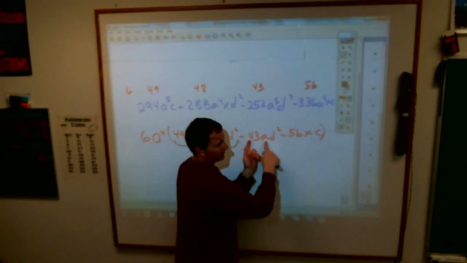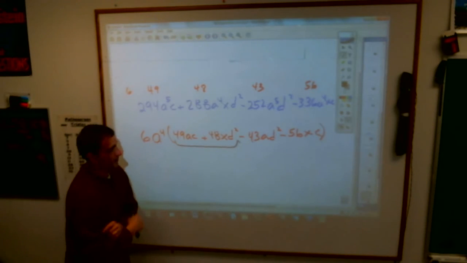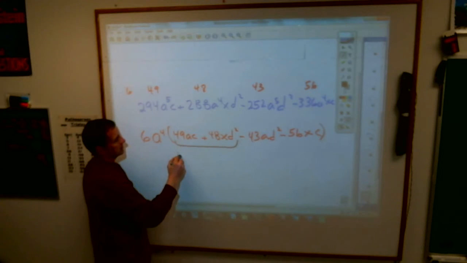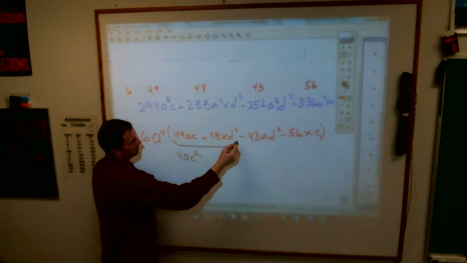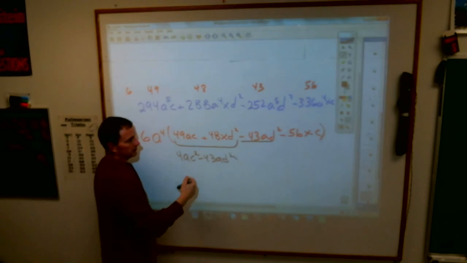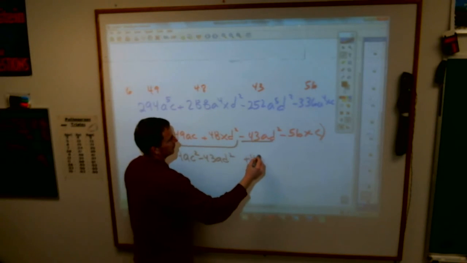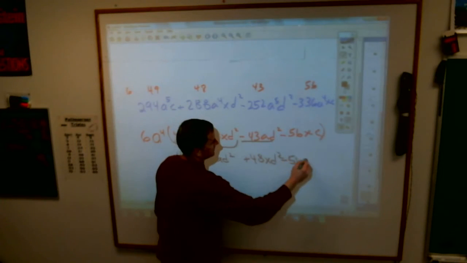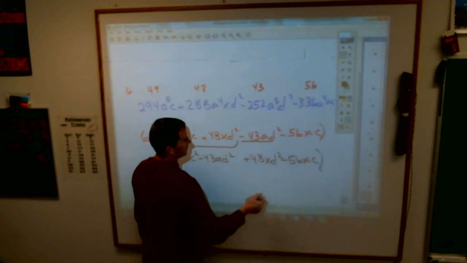Either one of these two, and I don't think it really matters which one you put next to it. Let's scooch this one just because. So I'm going to rewrite this. 49AC, put this one next to it, minus 43AD squared. Keep that one there. 48XD squared minus 56XC. I just moved those two terms.